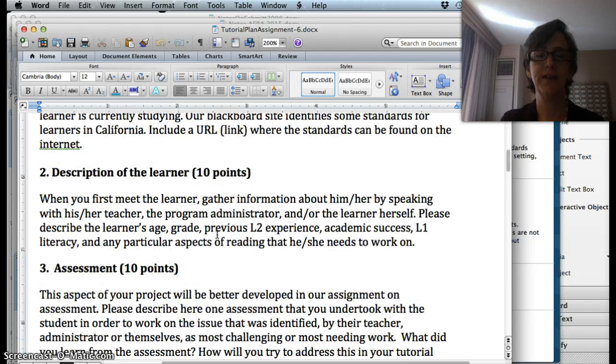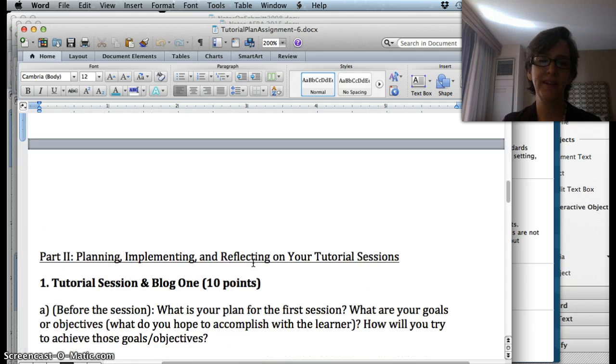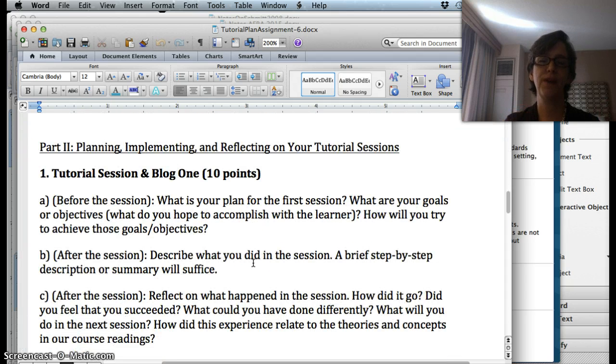Okay, so that is basically part one of the assignment. After you've completed these kind of preliminary steps, identifying things about your learner and what they need to work on, then you'll move into the 5 tutorial sessions where you're going to implement these things that you want to work on.